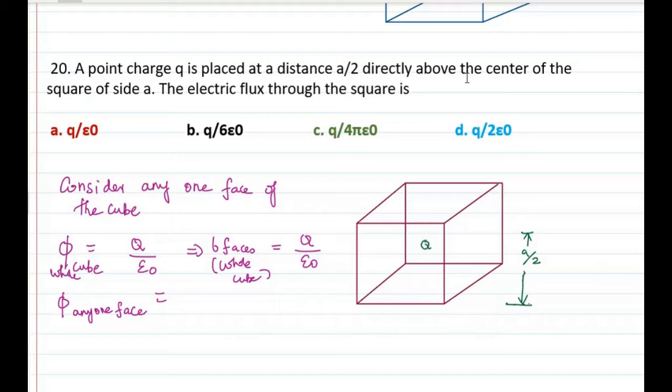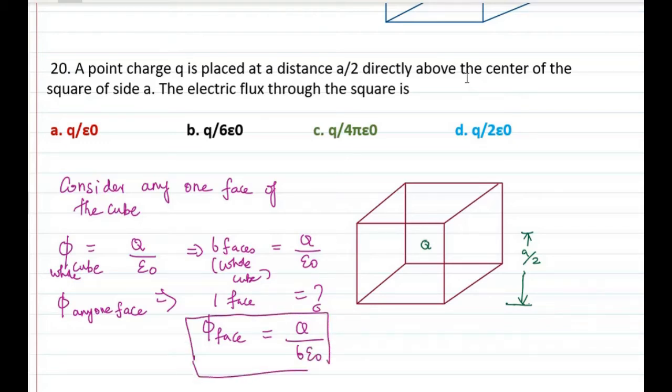Therefore, for any one face, what could be the value? Because the charge is placed at the center of a square, we are considering any one surface. Therefore, for one face, the flux will be equal to Q by 6 epsilon naught. So the answer is option B.